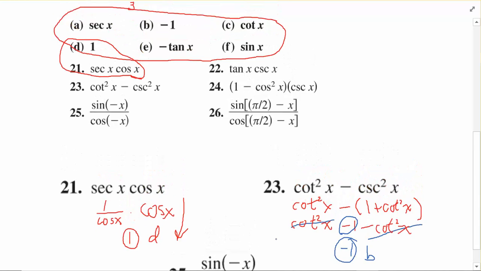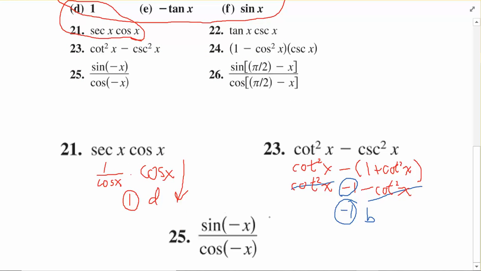Okay, and then also on page 350, there's a section called the even and odd identities, and that has to do with the fact that for an even function, f of the opposite of x is equal to f of x.